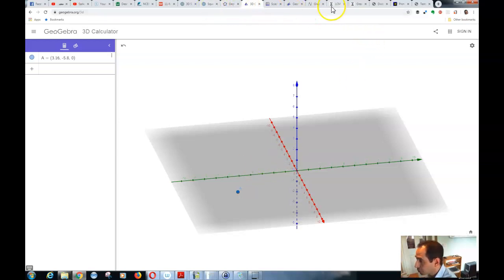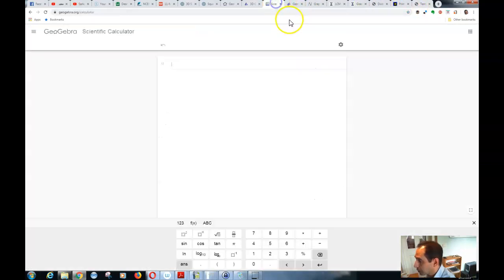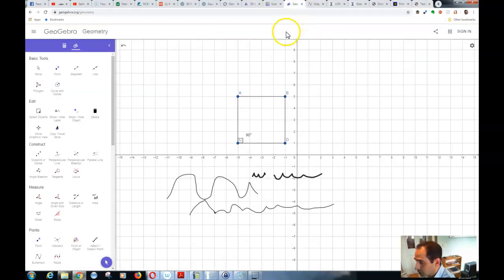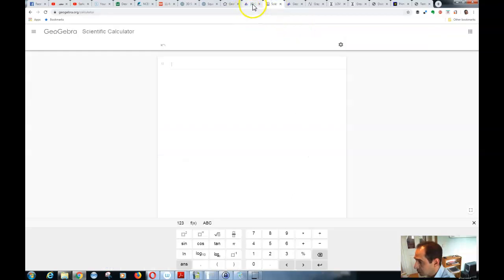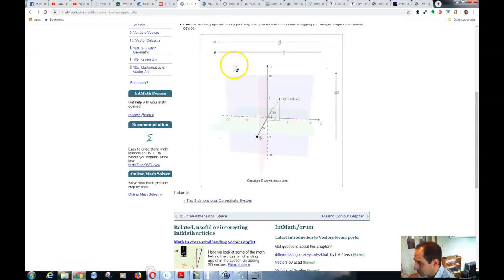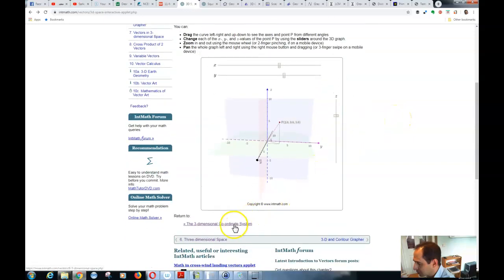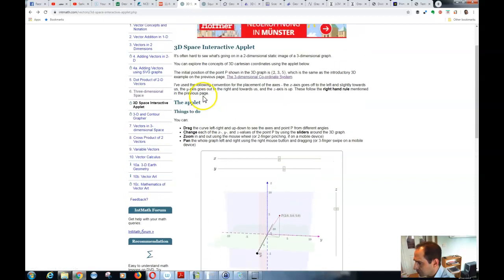Now if I go to, there was a calculator over here. There was this calculator over here. Return to three-dimensional coordinate system.